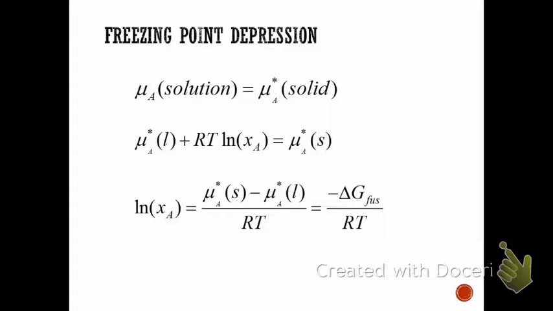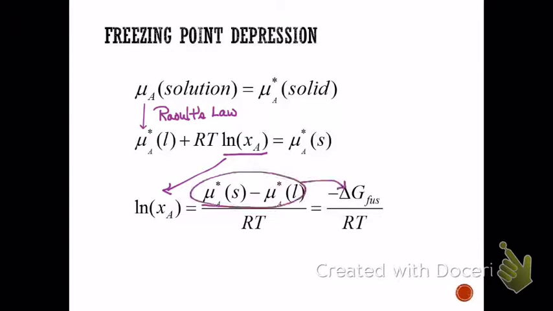So equating the relationships that we've used before for Raoult's law, we note that the chemical potential of the solution is related to the mole fraction of the solvent in our solution. And so we just substitute that expression that we've discussed in earlier videos, and then we rearrange the equation and solve for the natural log of x sub a.